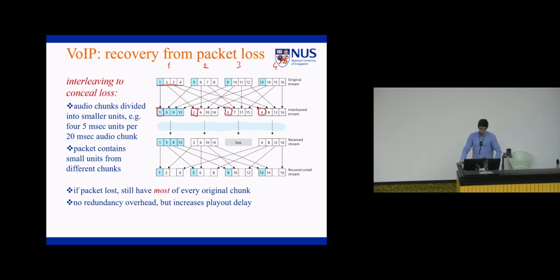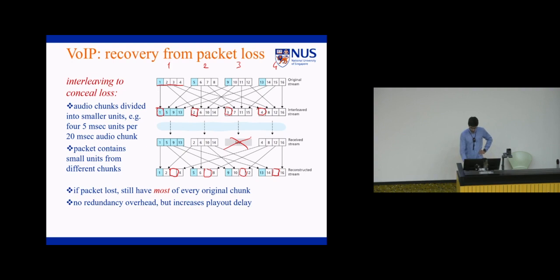And now loss occurs. Let's say one of the received streams is lost, so this is completely gone. Although I lost a little bit of it, I can still conceal the loss because I received most of it. And same for all these other chunks here. They lost a portion, but all of them can be played, perhaps a little bit distorted, but it will possibly be concealed from the human ears.